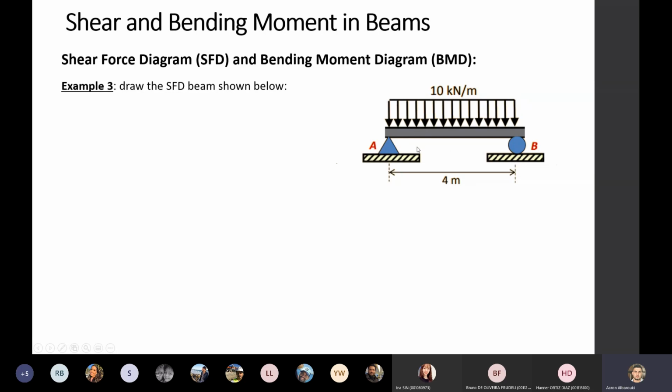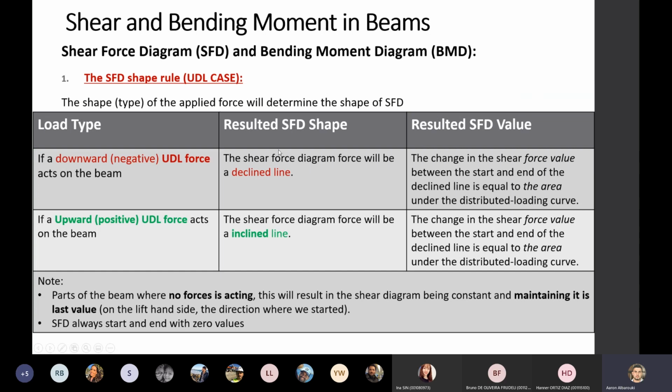That means the shear force should be up positive. Regardless, you can simply memorize it: in shear force diagrams and bending moment diagrams, the forces acting down are negative. So if the force is downward, that means it's negative, and that will produce a declined line. And if the force is positive, that will produce an inclined line, going up.